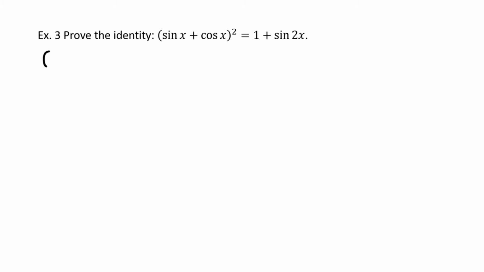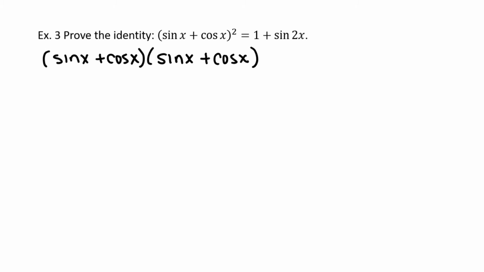So I will write sine x plus cosine x squared as sine x plus cosine x times sine x plus cosine x. Okay. Now we can multiply these two binomial terms. You might be familiar with using FOIL, F-O-I-L.